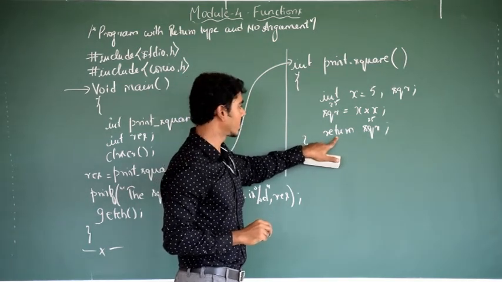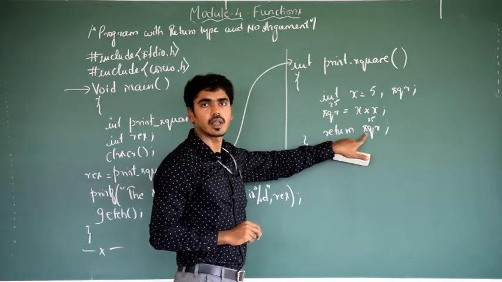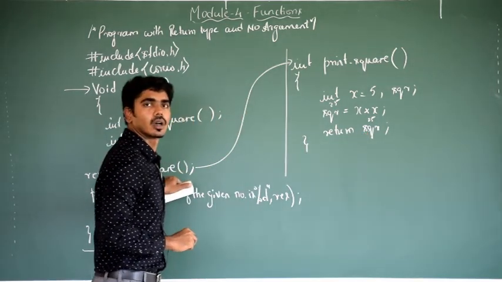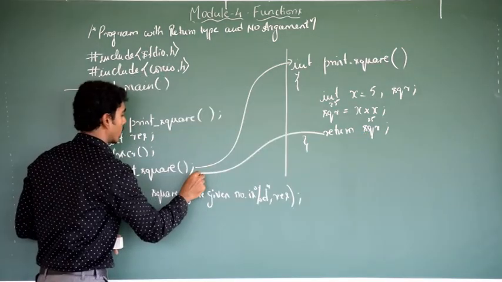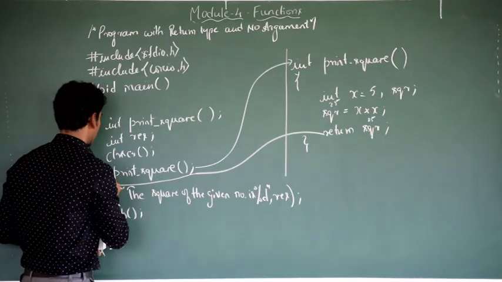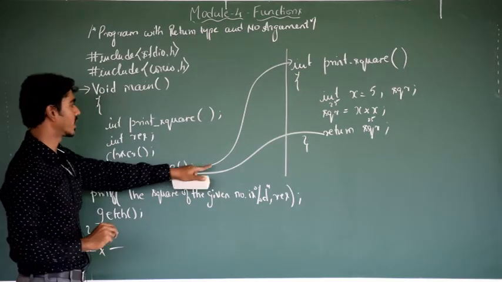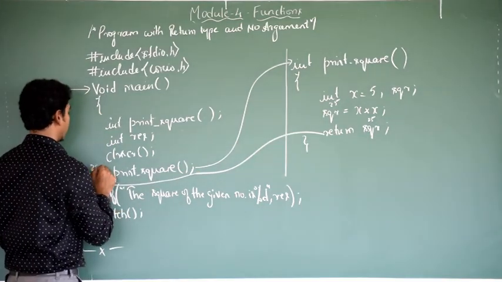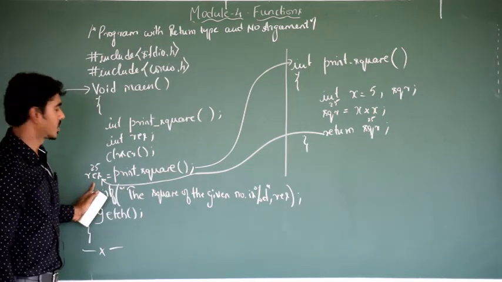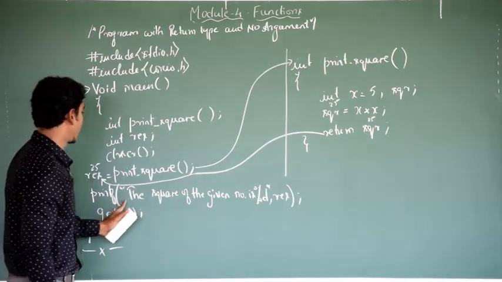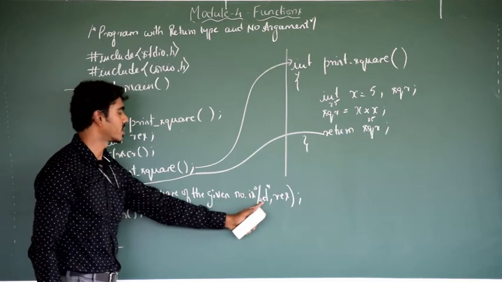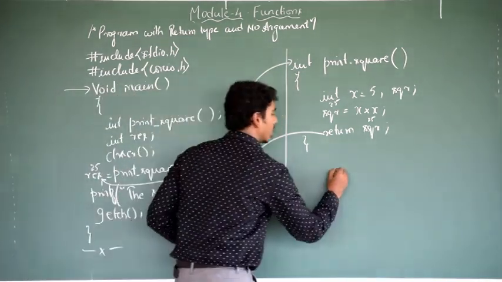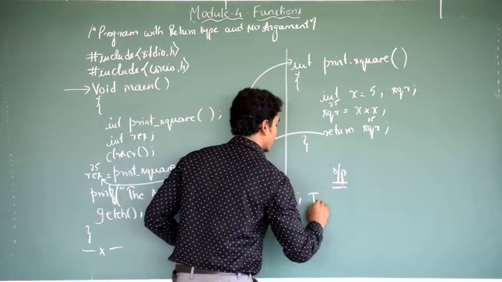So since I have a return statement, I am going to return the result that is obtained back to the calling program. So the control comes back to this function, and here the value that gets assigned within this variable is 25. At last, let me print the result, that is the square of the given number is %d, result. Ultimately, I get a result something like this.